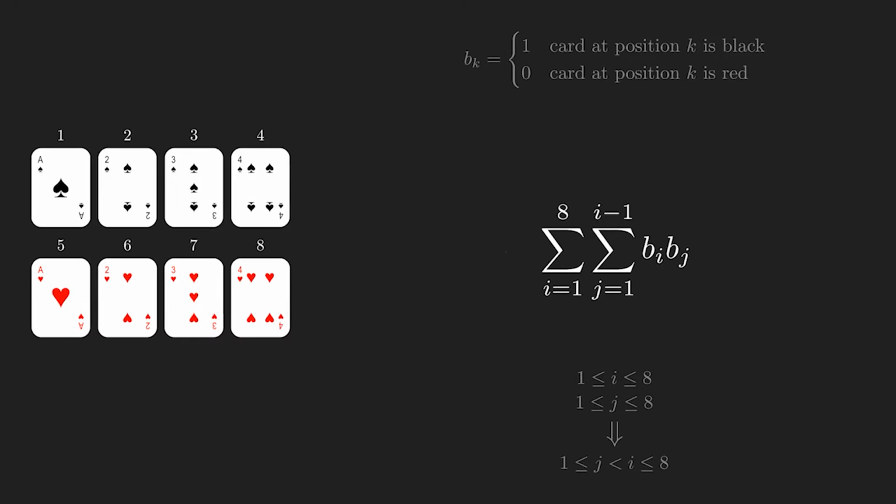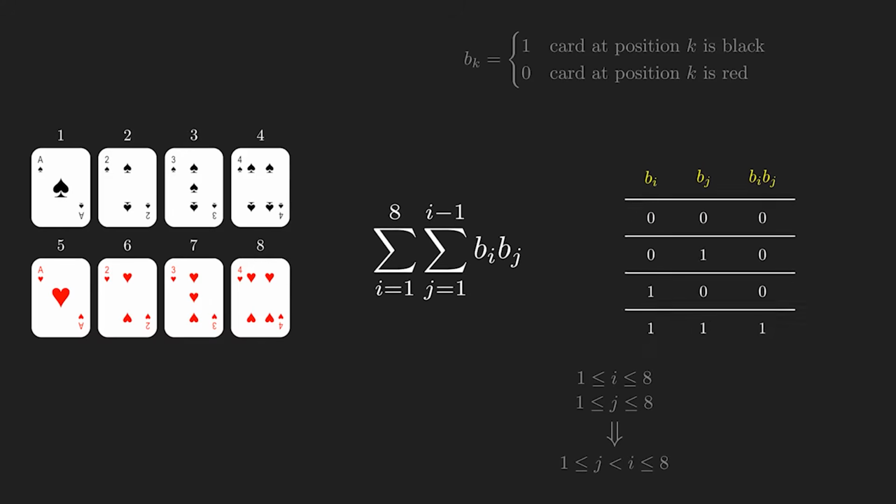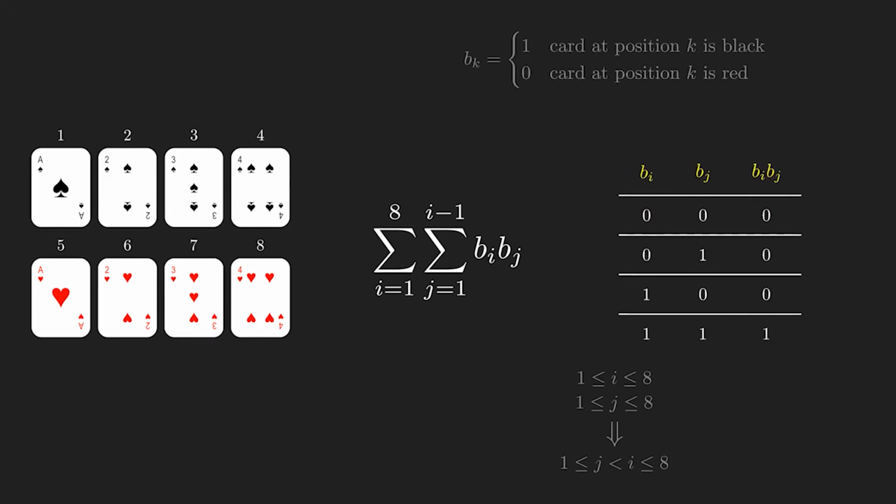Similarly to before, when we built this expression to represent a black-red inversion, this expression simply represents a black-black pair. This is because if either of these terms is 0, meaning that the card at its position is red, the product will also be 0. Thus, this product will only be 1 if the cards at positions i and j are both black.